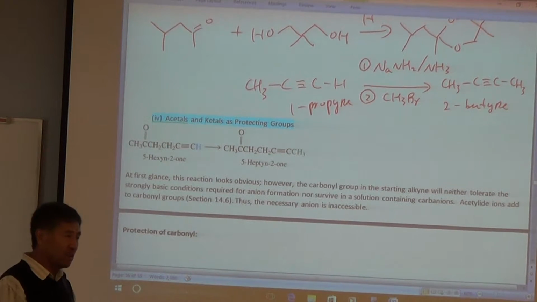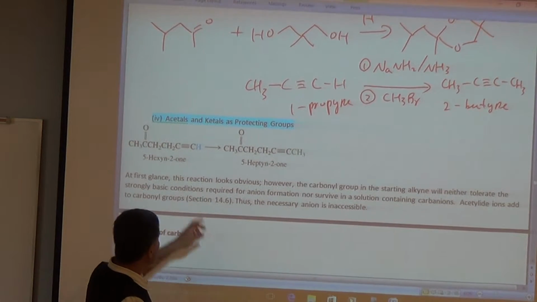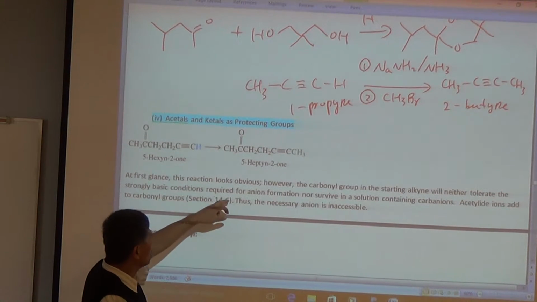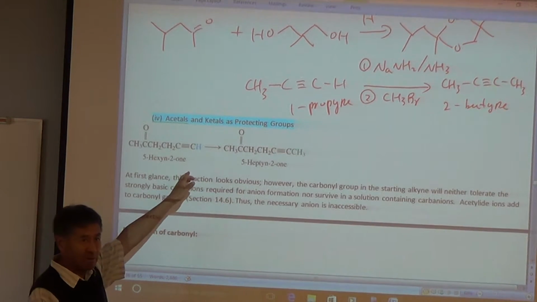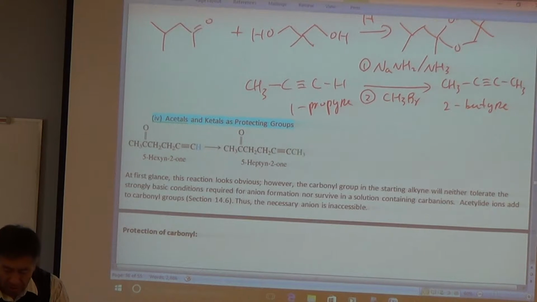Or in the first step, as you do the reaction with this carbonyl unit, you produce this anion. Okay? So in this step, if I add another CH3 here, this becomes the carbonyl like what we looked at in that one.